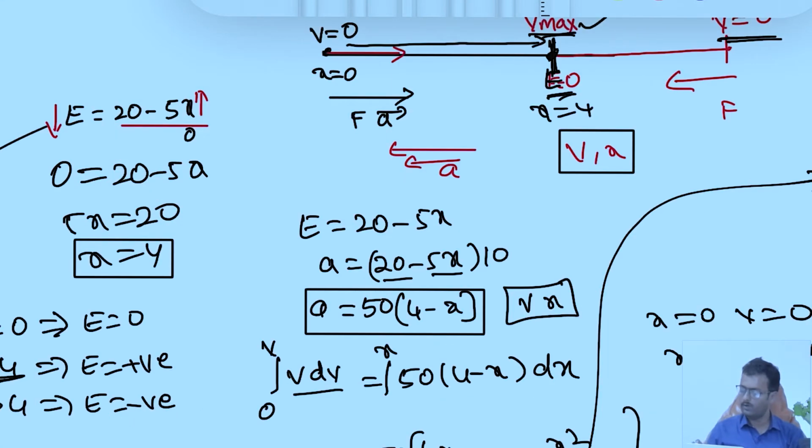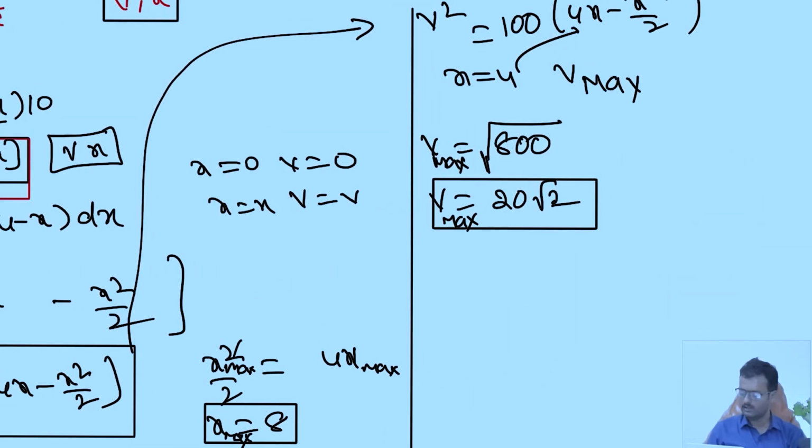Next, what is the acceleration of the particle when it is at x equal to 1? So we have the equations. Look here, this is the acceleration and displacement equation. At x equal to 1, a is equal to 50 into 4 minus x. Substitute 1 here, and we get the a value.